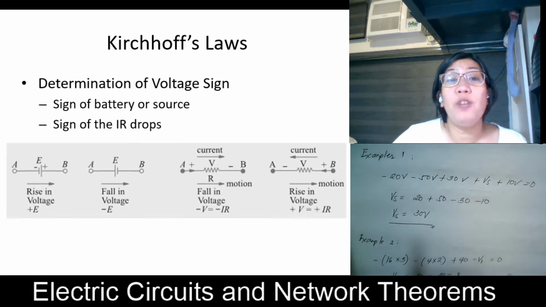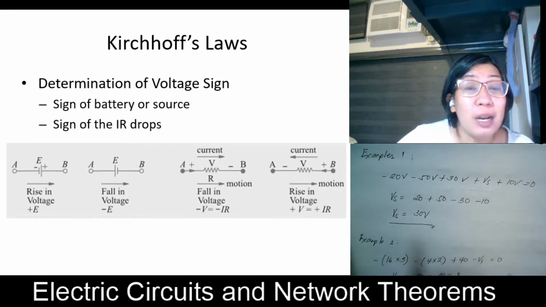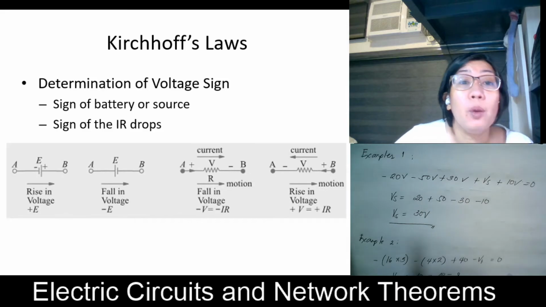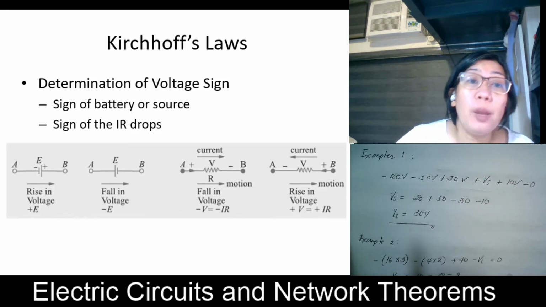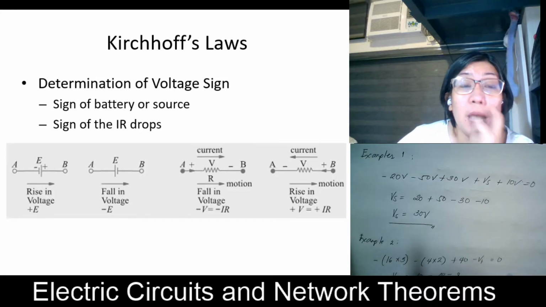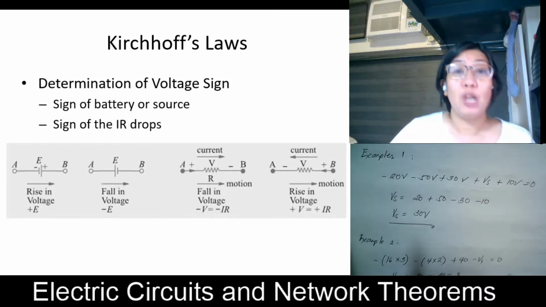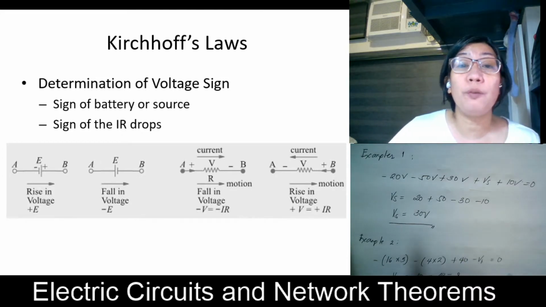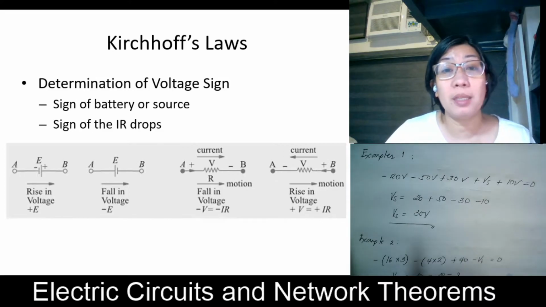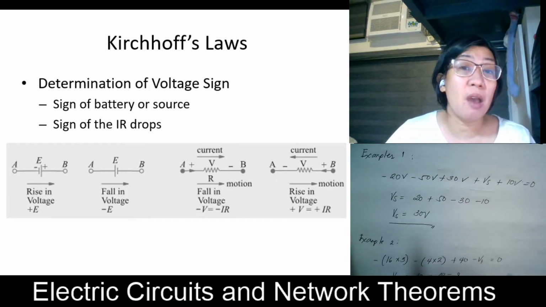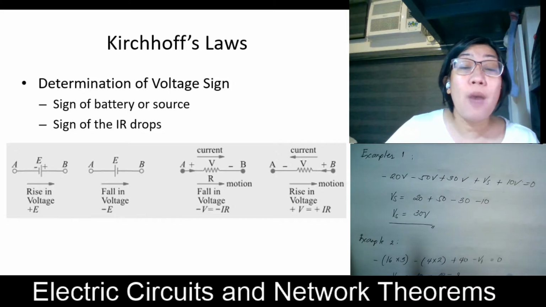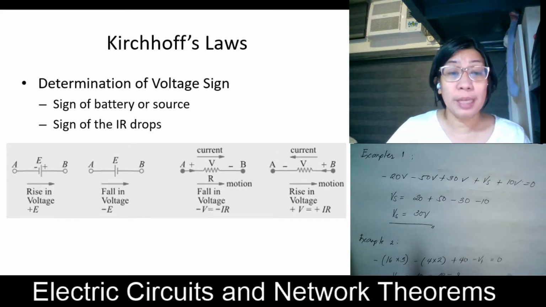If the current flows in this manner, where your current enters, that is positive, and where your current leaves, that is negative. So if this is our motion, this is a rise in voltage. Why a rise in voltage? Because from negative going to positive, we have a positive IR or rise in voltage, and we have a negative IR or fall in voltage.